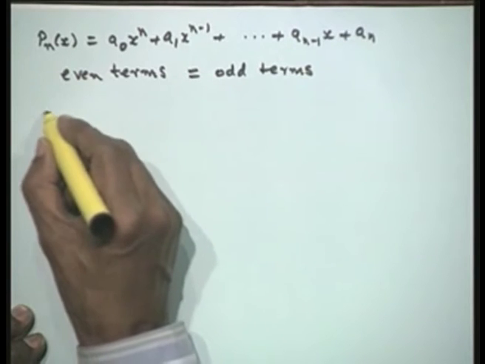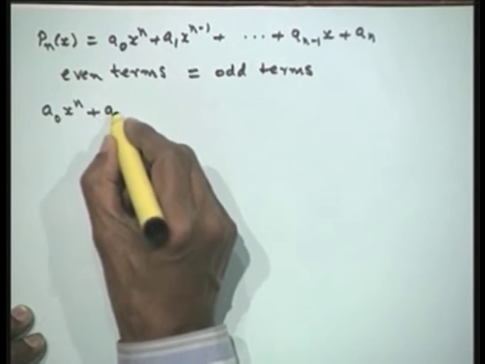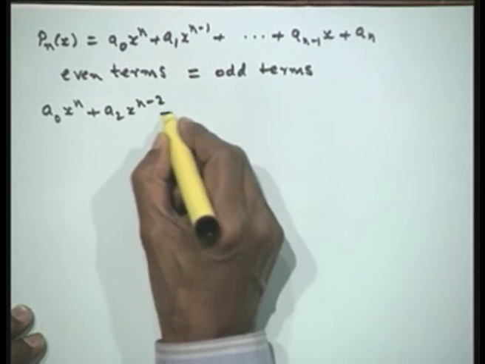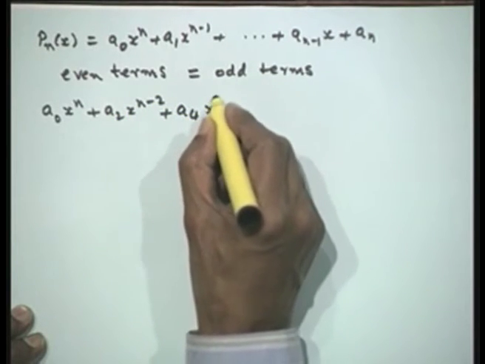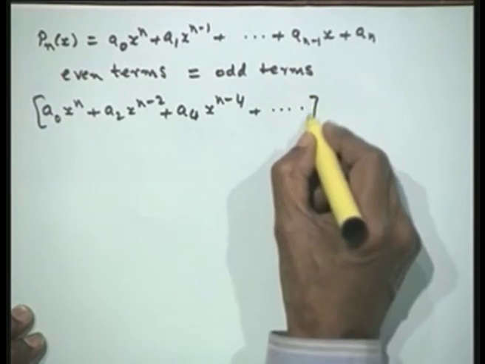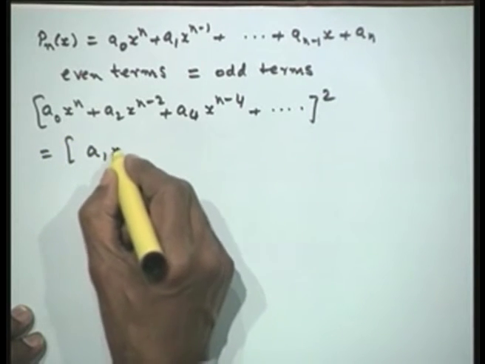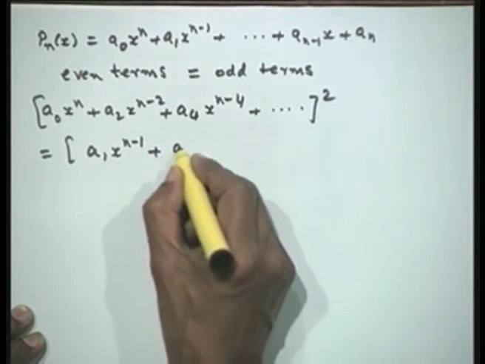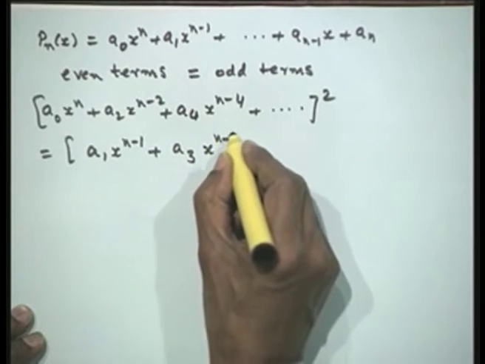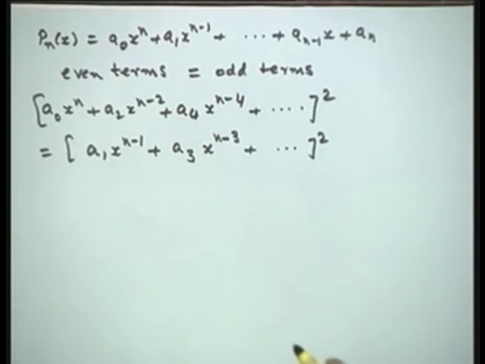So what we will have here is a0 x to the power of n plus a2 x to the power of n minus 2 plus a4 x to the power of n minus 4 plus so on, and then I square both sides. So this is a1 x to the power of n minus 1 plus a3 x to the power of n minus 3 plus so on, squared. So I take the even and odd terms to the left hand side and right hand side and then square on both sides.